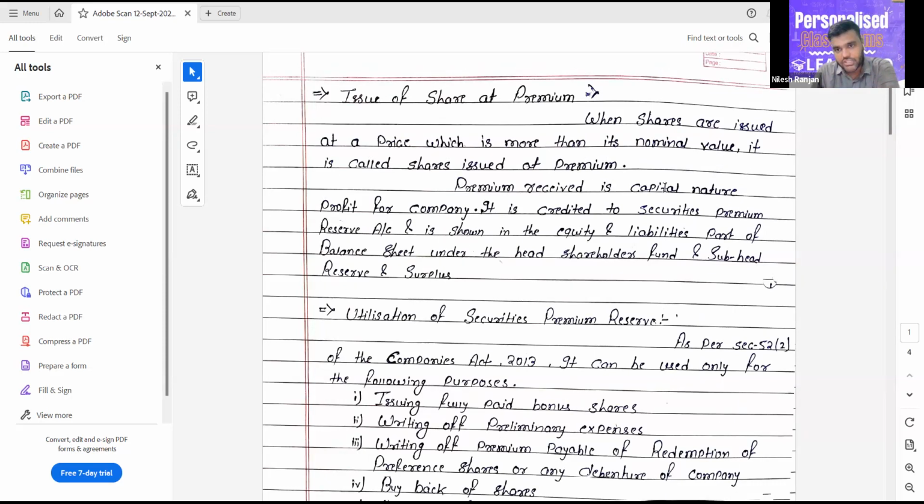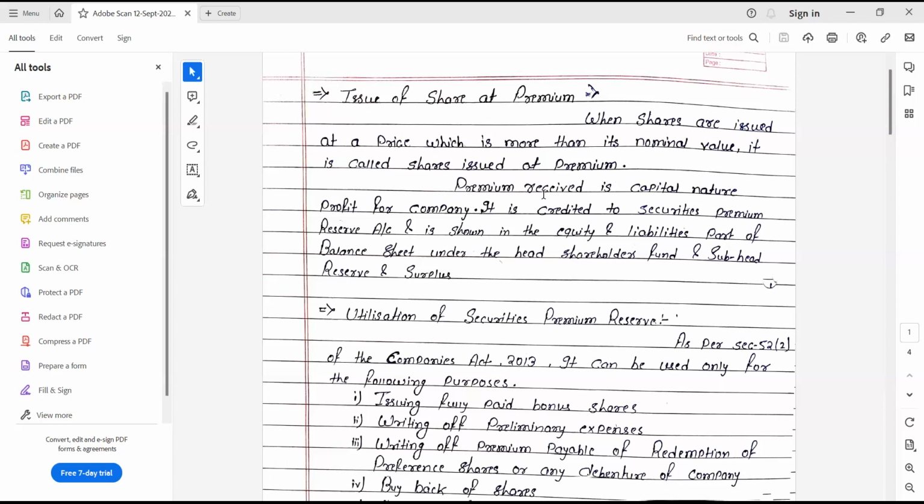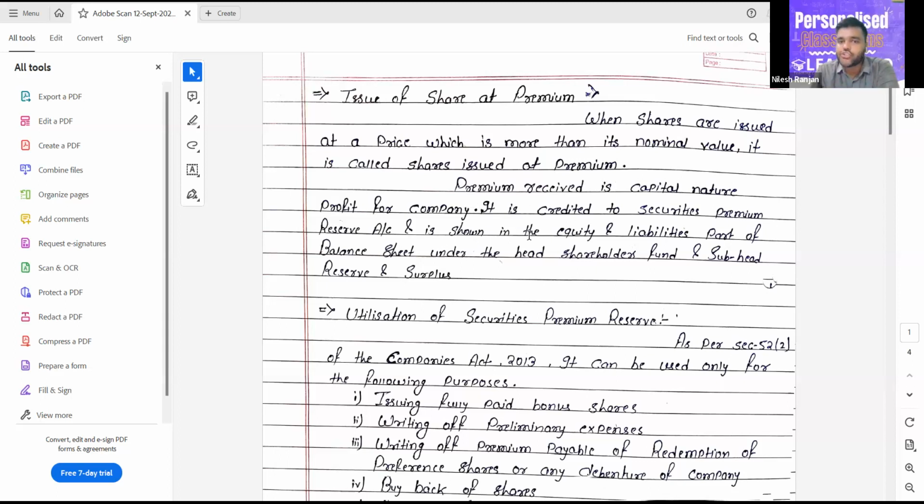Premium received is a capital nature profit for the company. I already told you. So it is credited to securities premium reserve account and is shown in the equity and liabilities part of the balance sheet under the head shareholders' funds and subhead reserves and surplus.